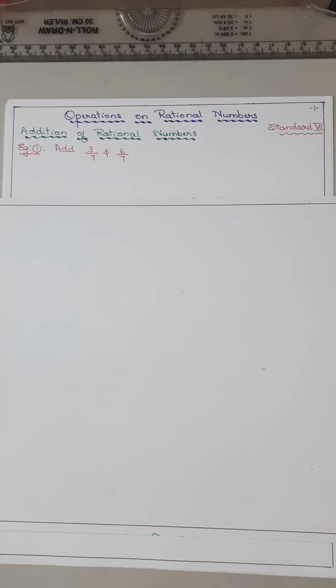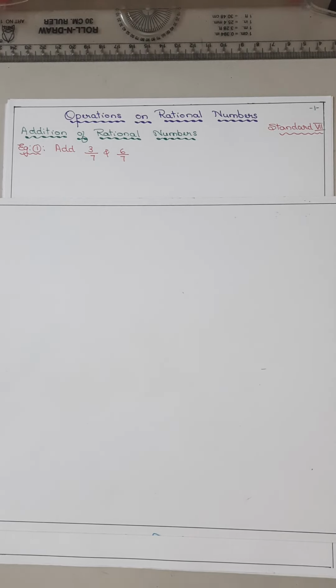And when the denominators are different, then we have to find out the LCM, then make all the rational numbers into the equivalent rational numbers and then proceed.